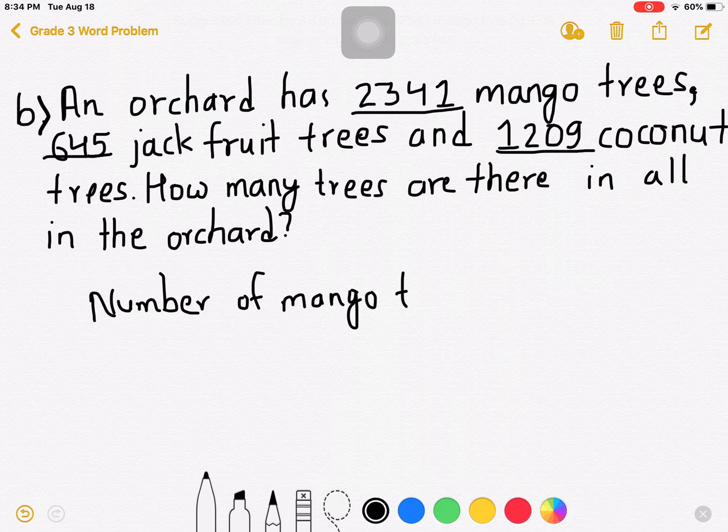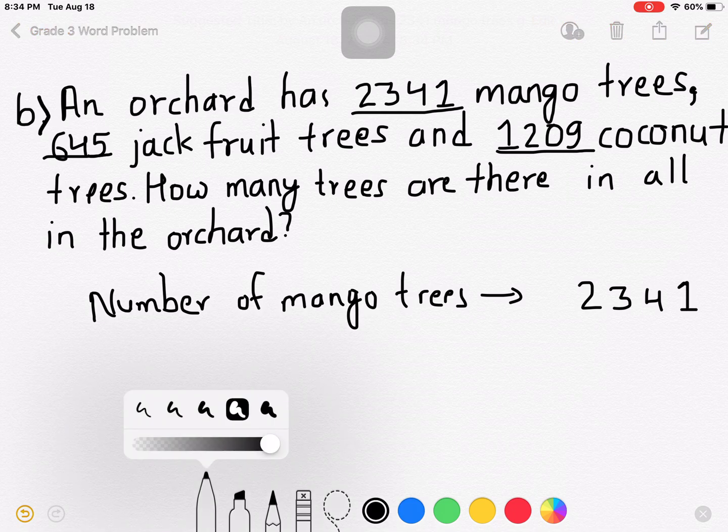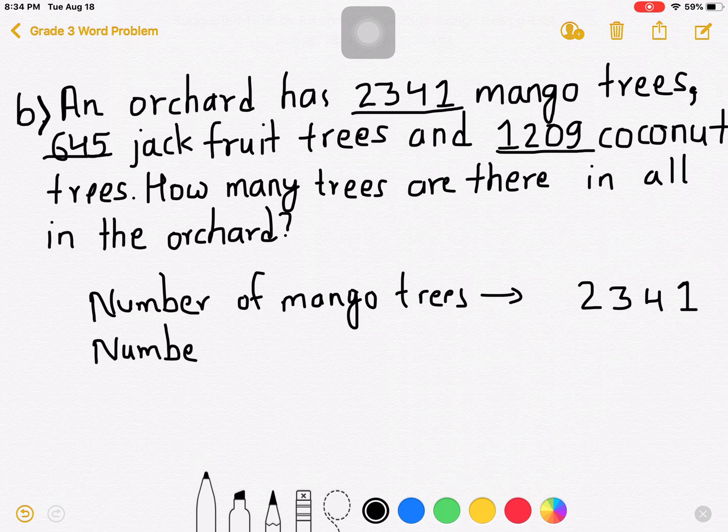Now let us write the number, that is 2,341. Now what is the other given here? That is jackfruit trees and coconut trees. But while adding, we have to write the second largest number. Now this is the largest number, and then the second largest number, that is coconut trees. Number of coconut trees.